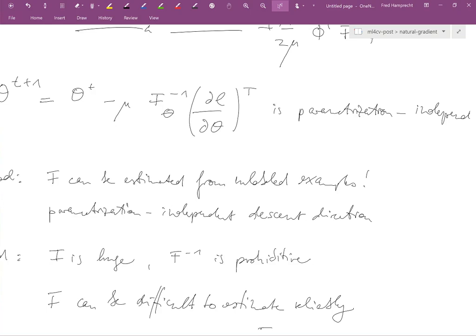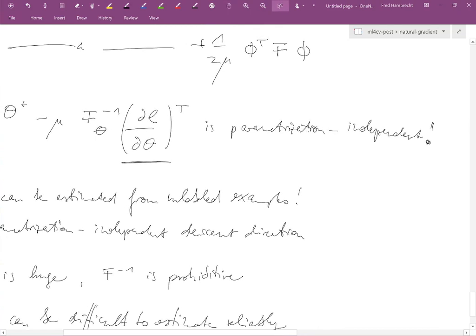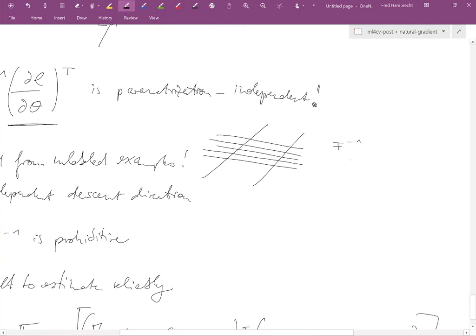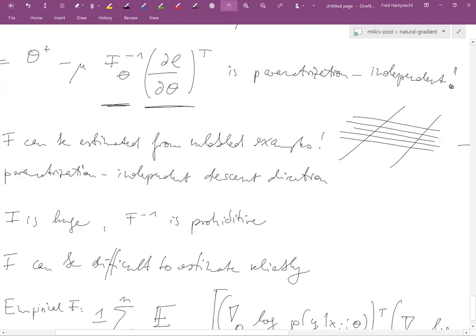And we get here, on the one hand, a descent direction from the reduction of the loss, and then on the other hand, we multiply with this inverse matrix, which can be seen as making our coordinate system locally orthonormal. Yeah, so if we have some parametrization, I can interpret this action of the Fisher information matrix to make this a nicely orthonormal coordinate system in which the gradient descent direction and the natural gradient descent direction would then coincide.